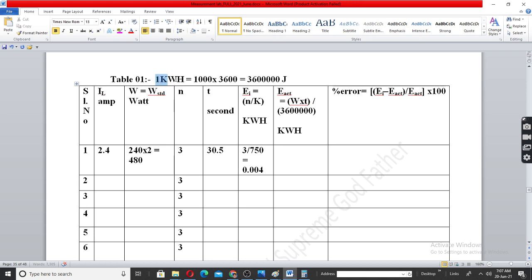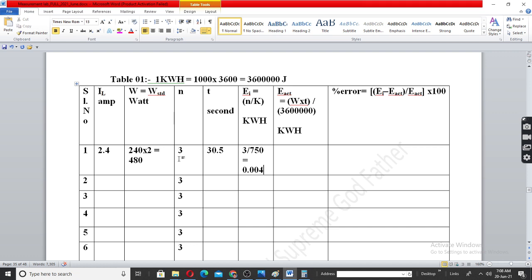So 1 unit or 1 kilowatt hour is this many joules. You may either convert kilowatt hour into joules, or convert joules to kilowatt hour. What we have done is converted joules into kilowatt hour.